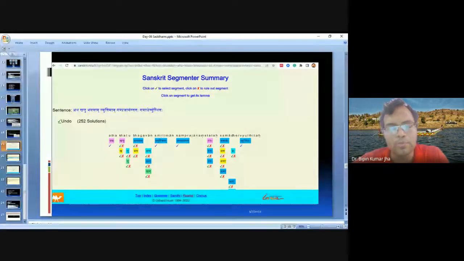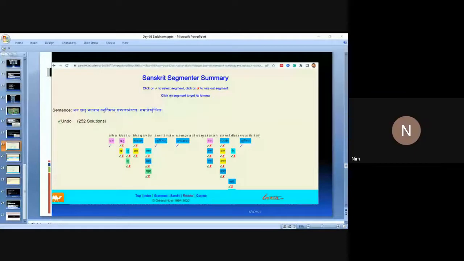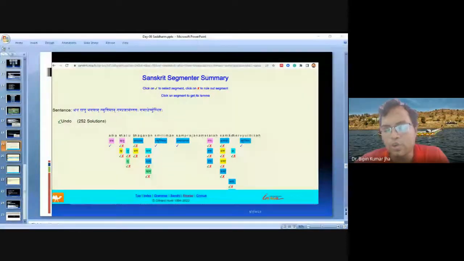In the bottom part of the slide it is given: tools, index, grammar, sandhi, and readers. You just hit readers. When you go to the reader, you need to put in the sentence, and you need to select which type of input you have given.